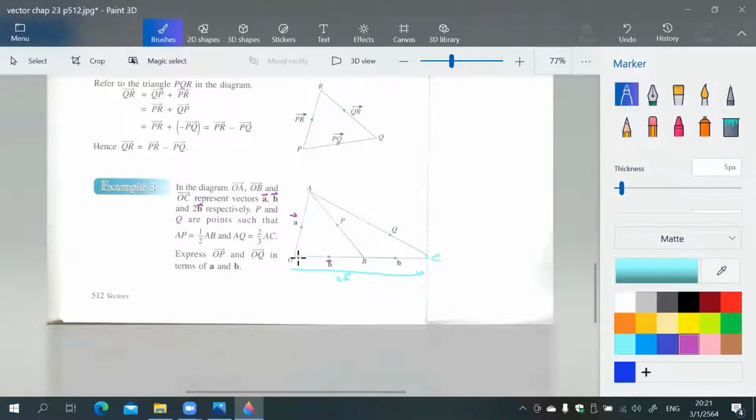So we can conclude that the length of OB equals the length of BC, and at the same time, the vector OB equals the vector BC.